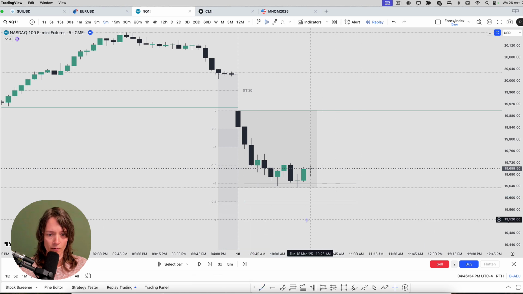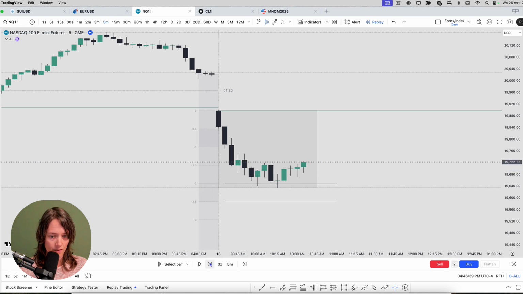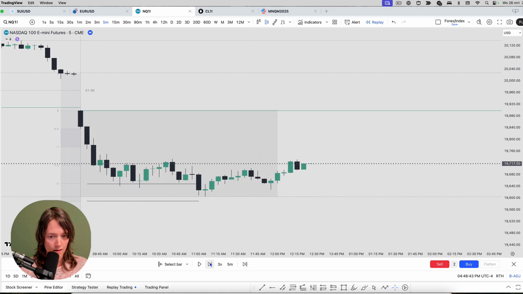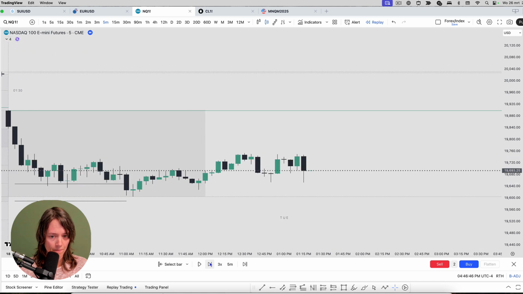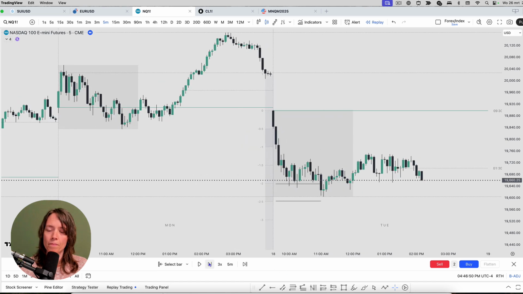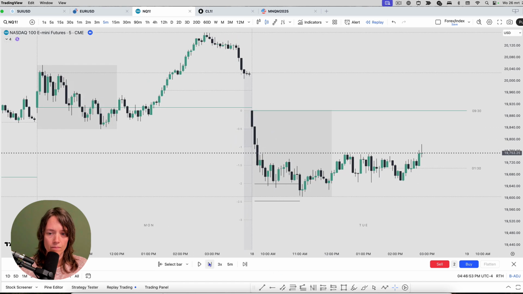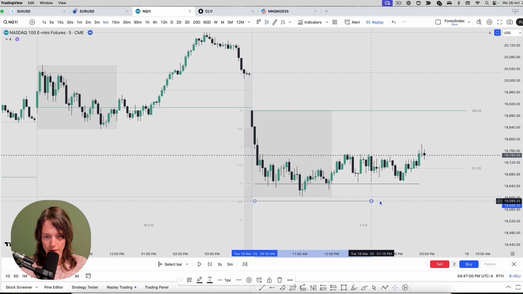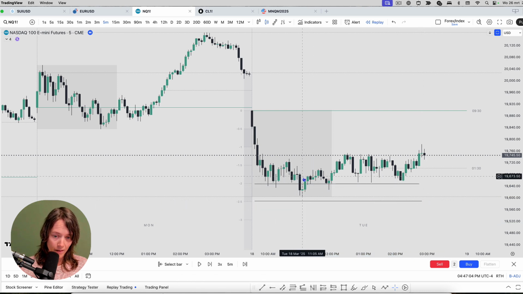Between 2 and 2.5 standard deviation. And after this, you see the move up. So here you see that price formed the low between 2 and 2.5 standard deviation. And so this is a place you can look for a reversal play.